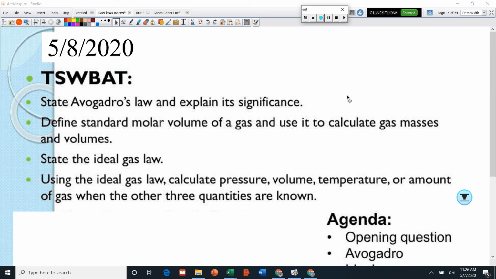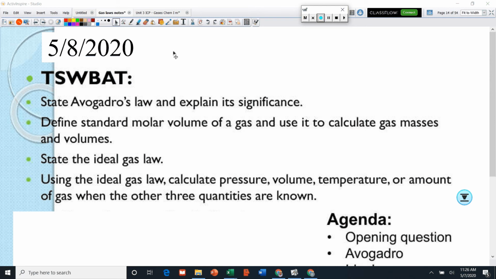Define standard molar volume of a gas and use it to calculate masses and volumes. State the ideal gas law and use ideal gas law to calculate pressure, volume, temperature, or amount of a gas when the other three quantities are known. A couple of things we'll have to note here: for our purposes, we are going to use moles.